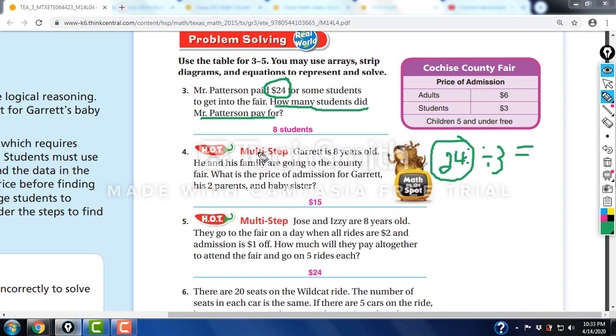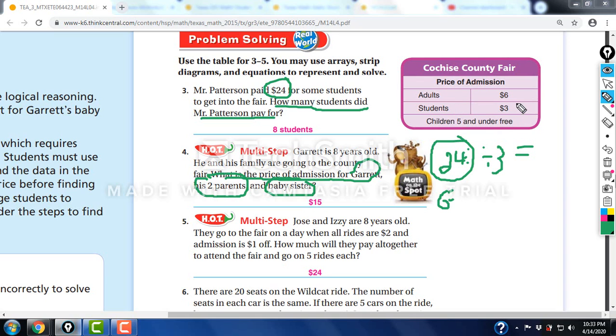Here we have a multi-step. Garrett is 8 years old. He and his family are going to the country fair. What is the price of admission for Garrett, his 2 parents, and baby sister? So we have to get that total first. So we'll do 1, Garrett. How much is Garrett?